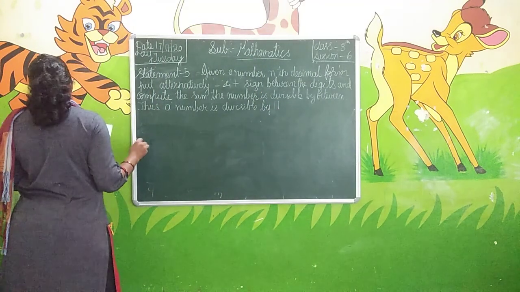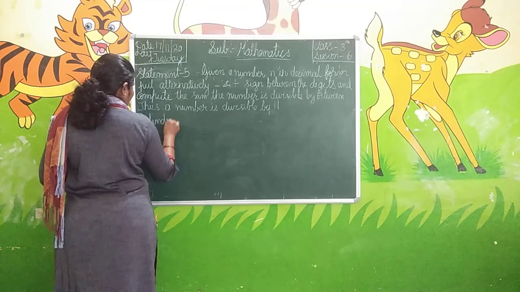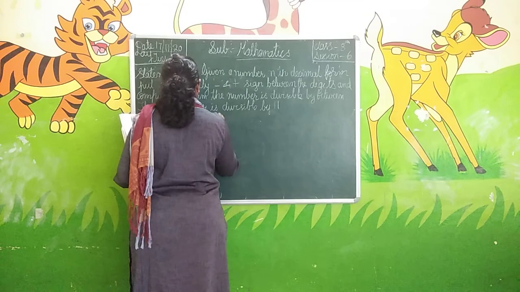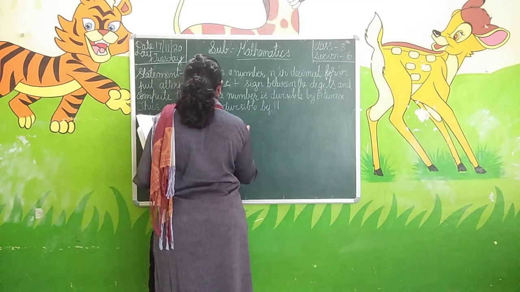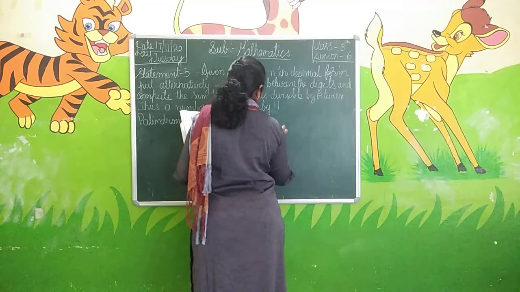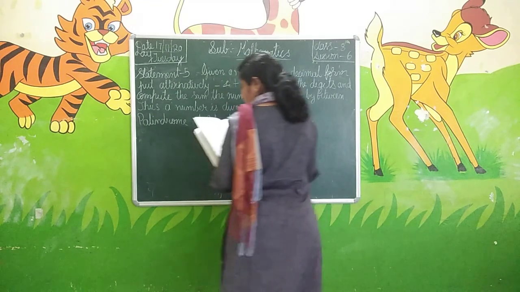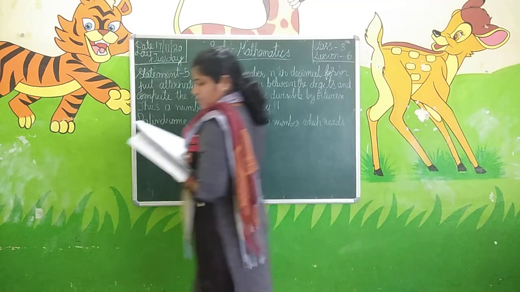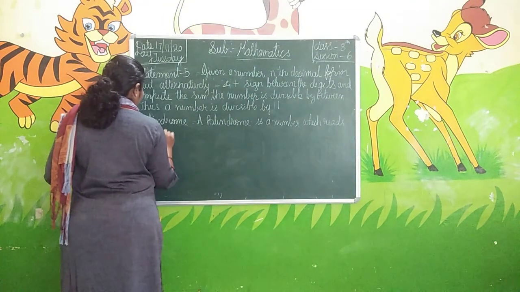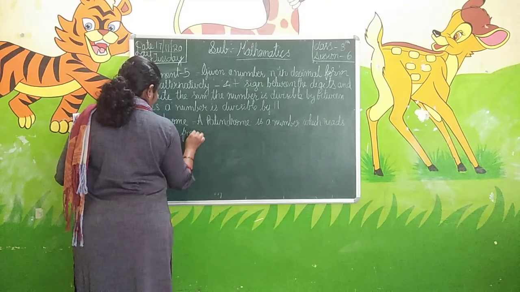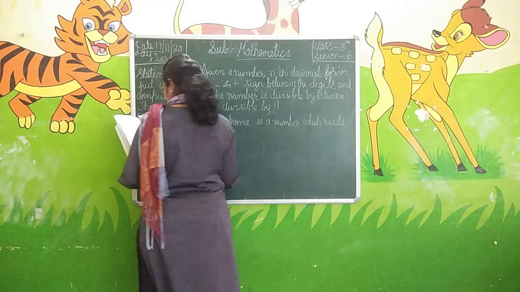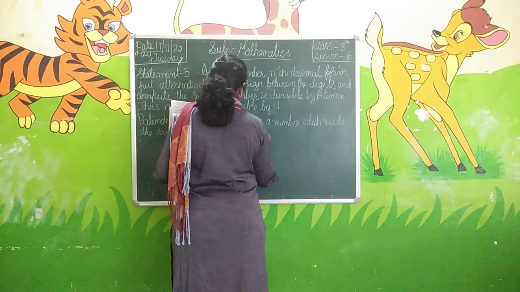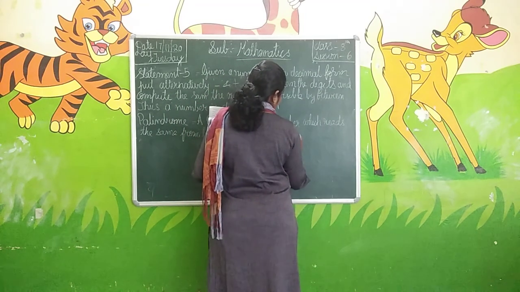Okay, next I said palindrome. A palindrome is a number which reads the same from left to right and right to left.